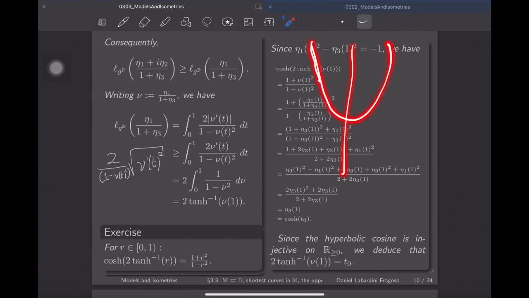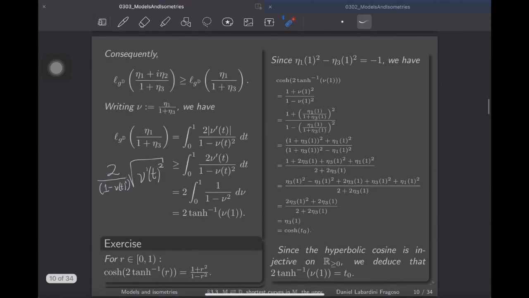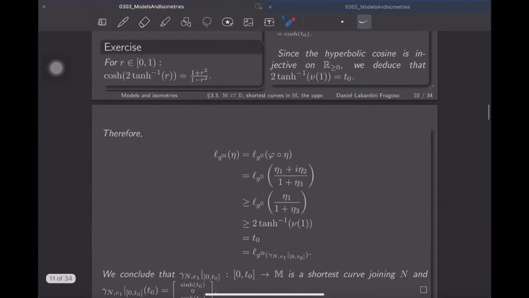But if you restrict your attention to just the positives, it's injective. So if you have 2 positive real numbers that give you the same value of hyperbolic cosine, it's because they were equal already. And so what I obtain is that this 2 times hyperbolic arctangent of nu1 is equal to t0.